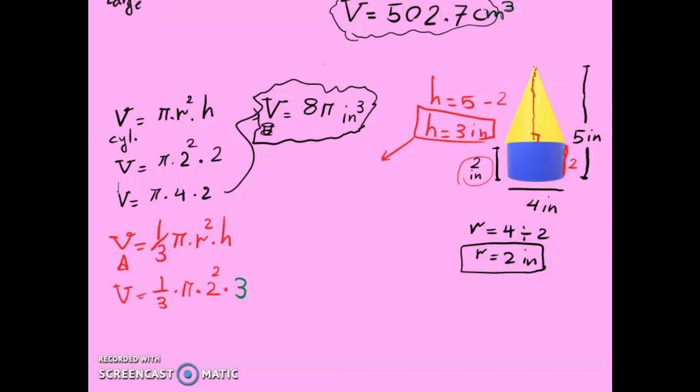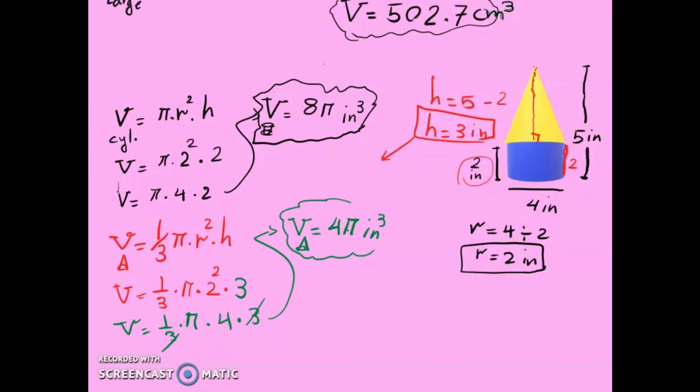If we calculate 1/3 times pi times 4 times 3, these 3 and these 3 cancel out. You agree with me that the volume of the cone is 4 pi, 4 pi inch cubed.